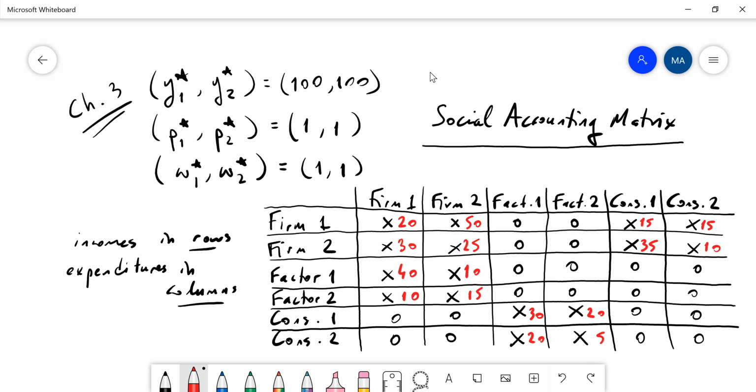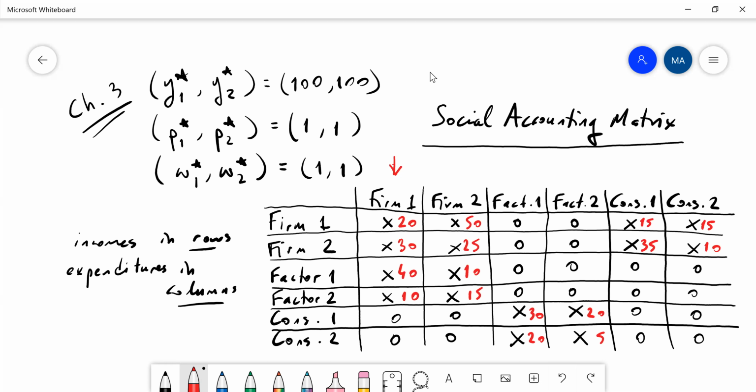And what is going on? Now, as I said, incomes must be equal to expenditures, right? So let's look at firm one. This is the expenditure, right? So firm one will spend 20 units to itself, 30 units to firm two. Why? Because again, there is this intermediate input demand.